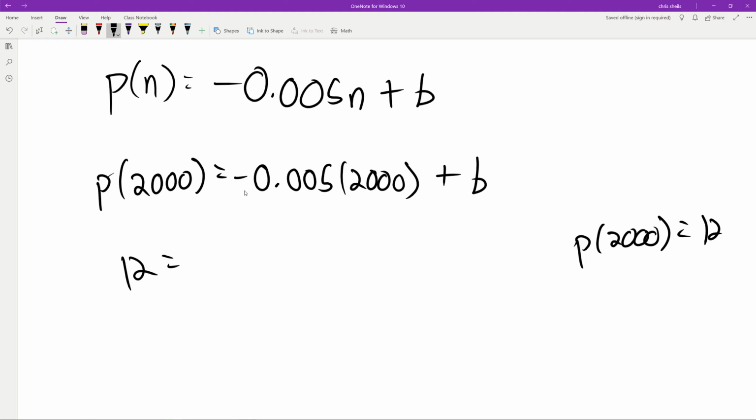So this is 12 equals negative 0.005 times 2,000. This is negative 10 plus b. Then to solve this, I add 10 to both sides, and I get that b equals 22.